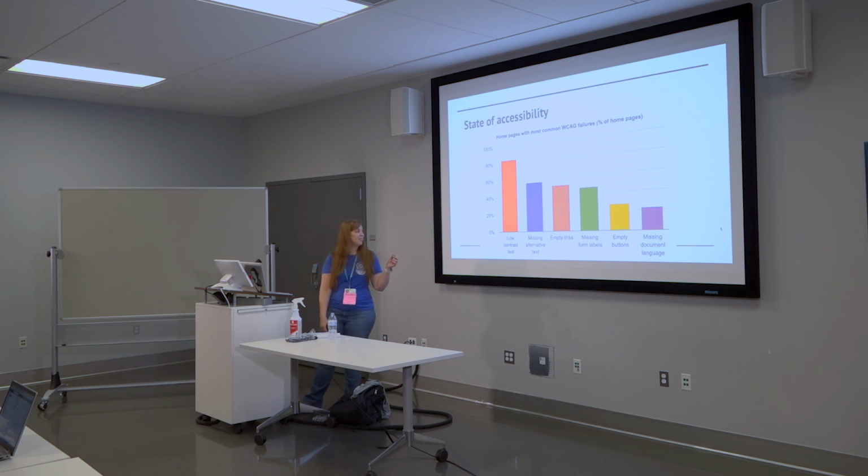The next one is missing alternative text on an image. So if there's an image and someone is using a screen reader, the screen reader will read out the alternative text if provided. Well, as you can see, over 50% of the images don't have anything. So that's not a great experience for people who can't see the screen. Next one is empty links. You're like, how is a link empty?